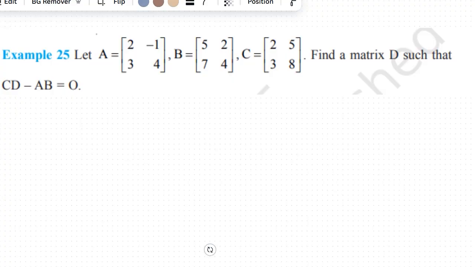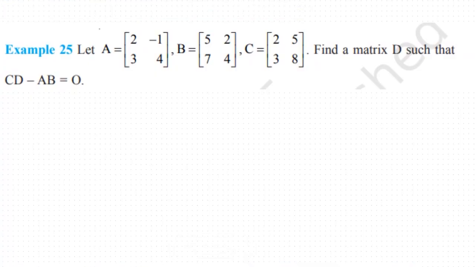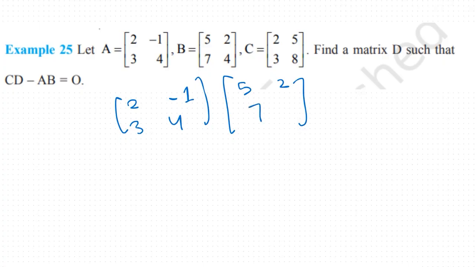Of B. A into B, right? Not B into A. So 2 into 5 and 2 into 7. You write first side by side. A is on the left, B is on the right. Correct? So this with this. 10 plus minus 7, which is 3.